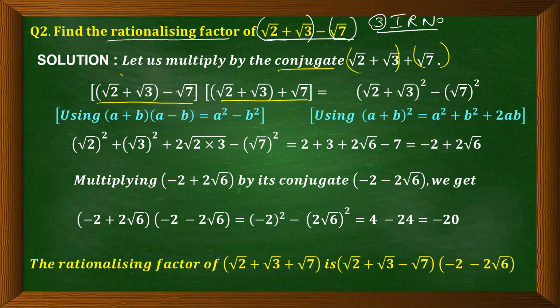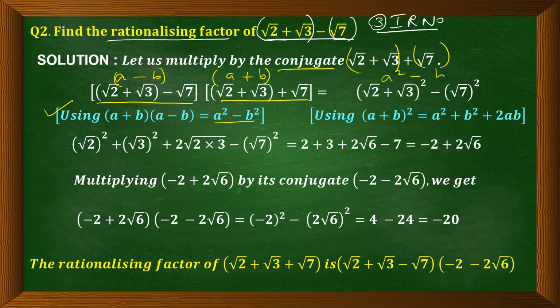Now let us multiply the given expression by the conjugate. So over here, as you can see, it is our a minus b, and this is our a plus b. So whenever we have such factors as a minus b and a plus b, we can use the identity which says that a plus b into a minus b is equal to a square minus b square. So this is what we have done over here.